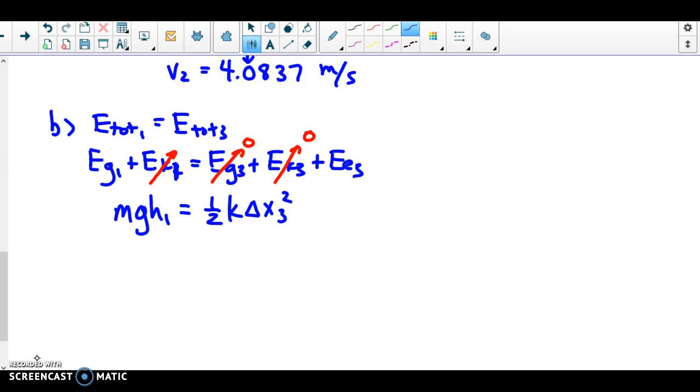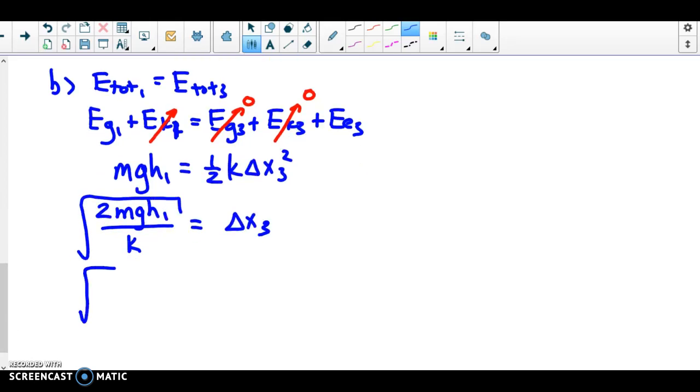I would like to solve for delta x without the squared. So I'm going to rearrange by multiplying both sides by 2, dividing both sides by k, and taking the square root of both sides in order to rearrange for delta x. Now I'm going to substitute in my numbers.